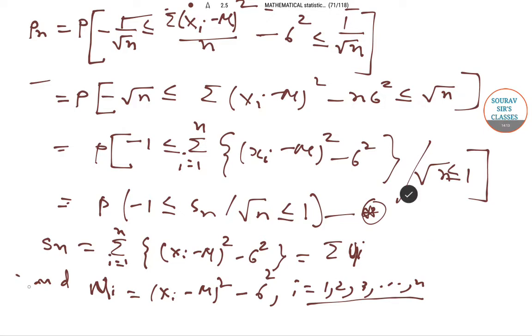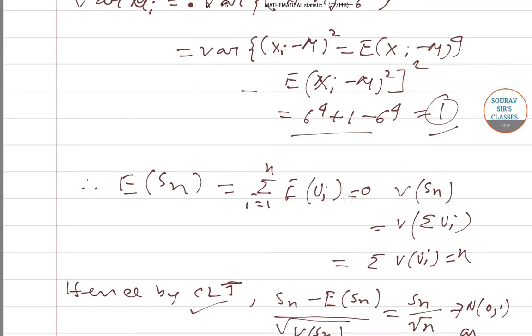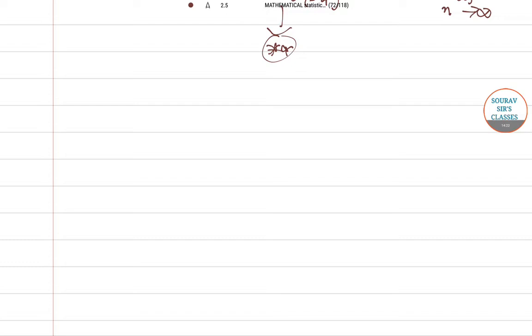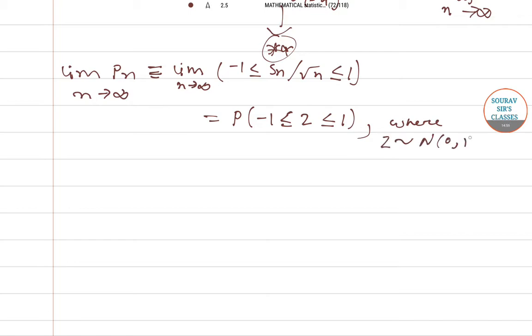So now if you solve this too, with this we can get limit as n tends to infinity of Pn, equals limit as n tends to infinity of probability minus 1 less than or equal to Sn divided by root n less than or equal to 1, which is equal to probability minus 1 less than or equal to z less than or equal to 1, where z tends to N(0,1).